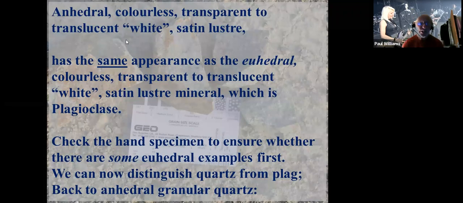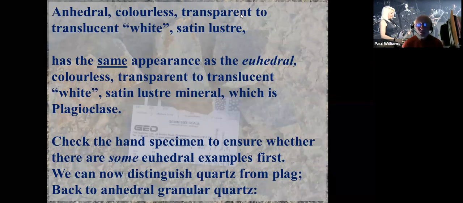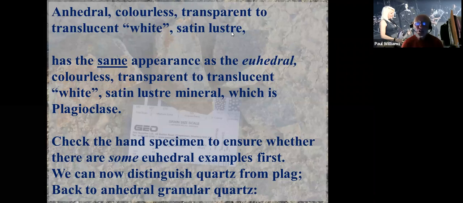which we summarize here. The anhedral, colourless, transparent to translucent, possibly white material that's got a sort of satiny lustre has the same appearance as the euhedral, colourless, transparent, translucent, white material, which is plagioclase.